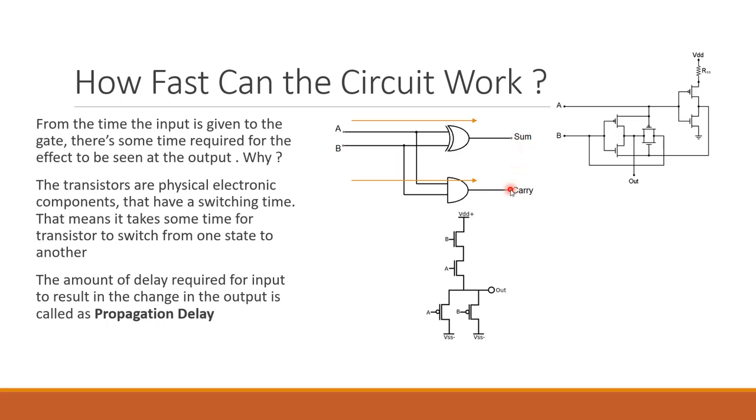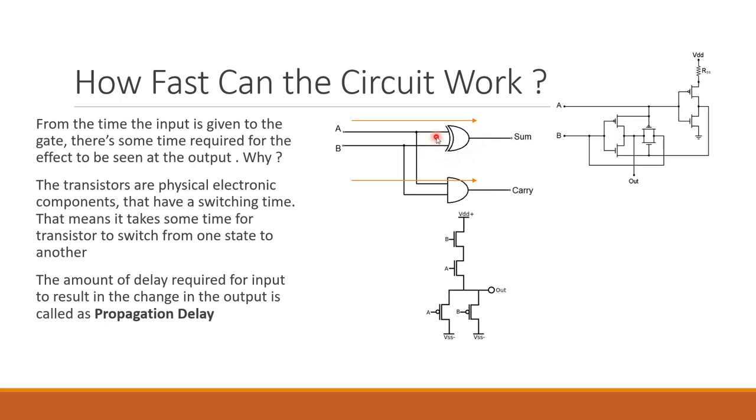That is theoretically possible, but in practical life it's not that way, because it takes some time for the gate to process the input and then give out the output. That delay is called the propagation delay.